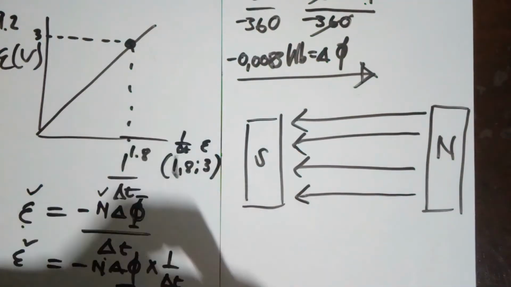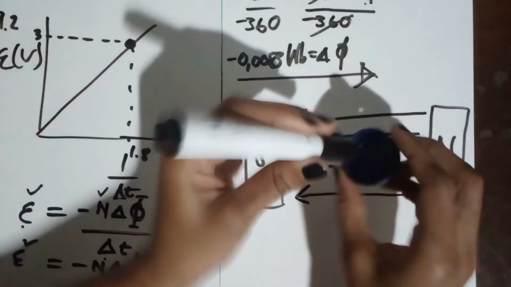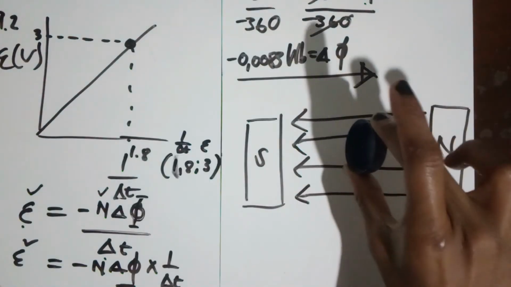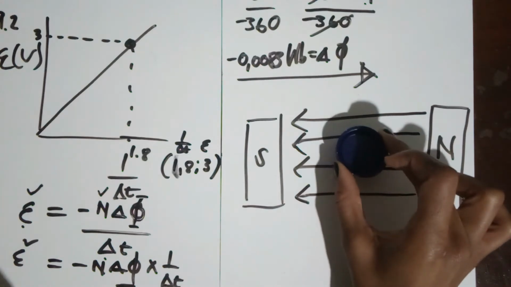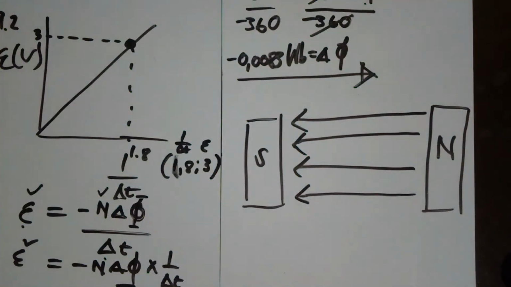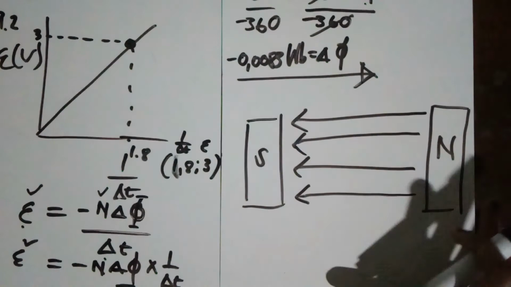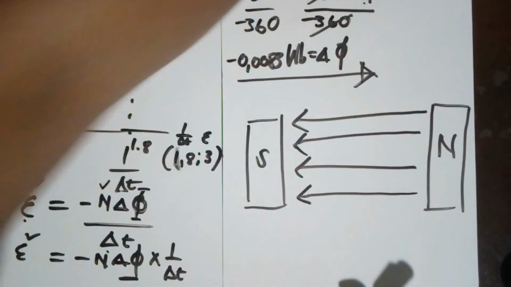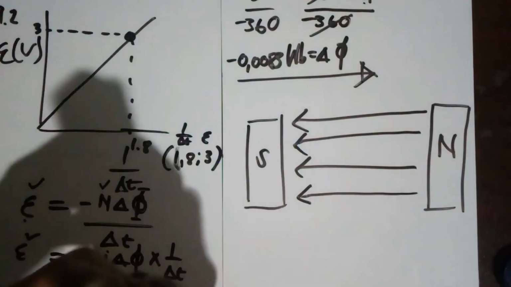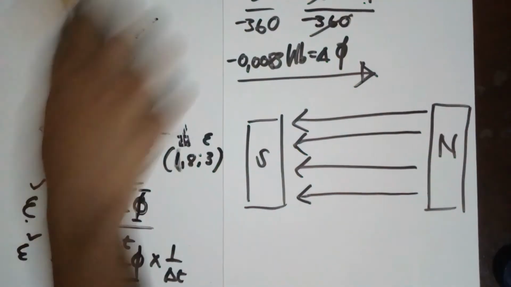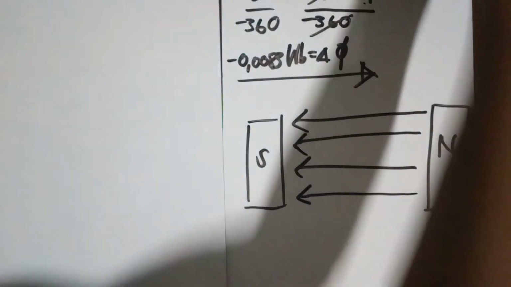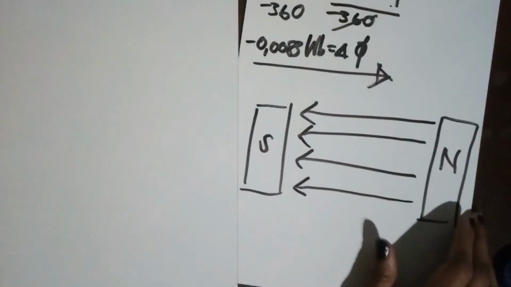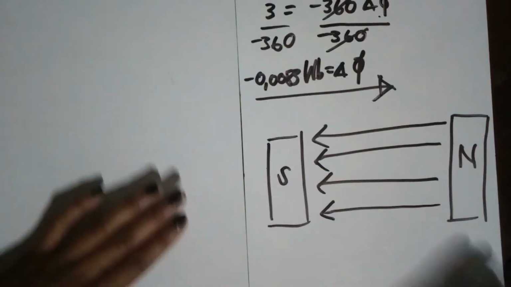So your coil is rotated until it reaches the position where the magnetic flux is 0. But now, when does the magnetic flux become 0? To answer this question, we have to first look at the formula for magnetic flux. There's a formula for magnetic flux that I'm sure you're familiar with, right?